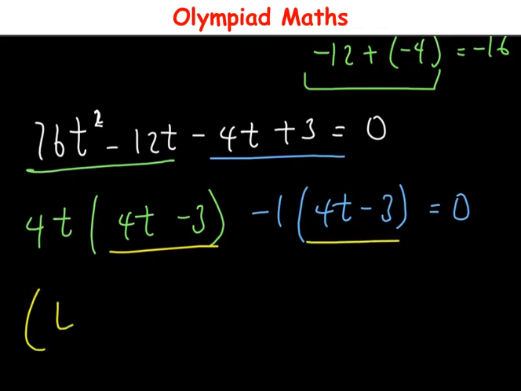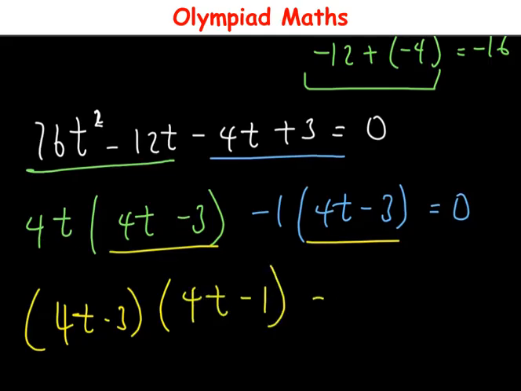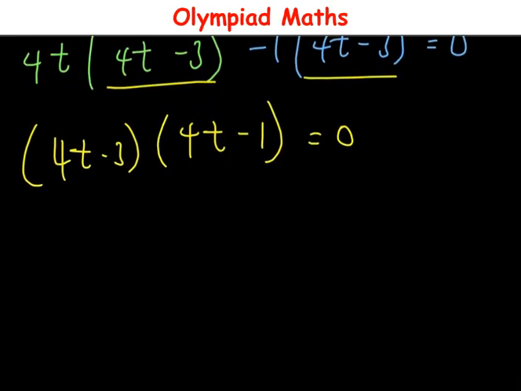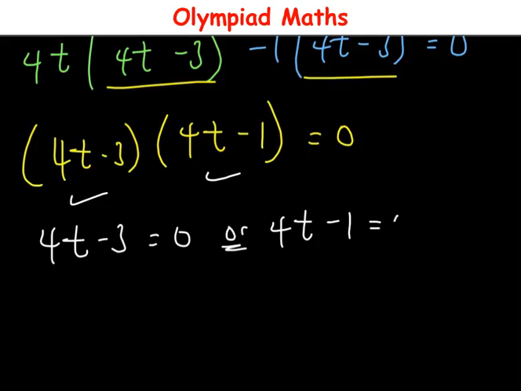Pick one, 4t minus 3. Then pick the ones outside the bracket and group them. So we have 4t minus 1 equals 0. From here, we're going to then equate this to 0 or equate this to 0. So we have 4t minus 3 equals 0, or we have 4t minus 1 equals 0.